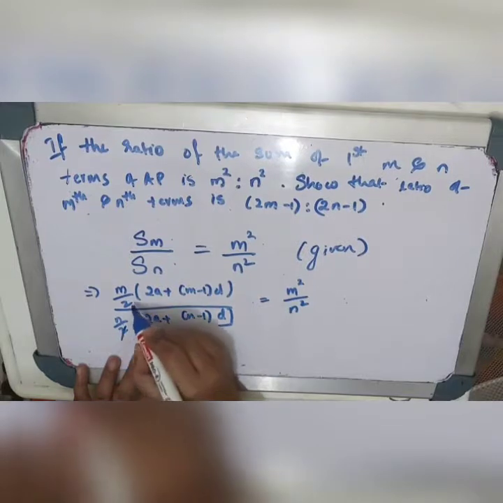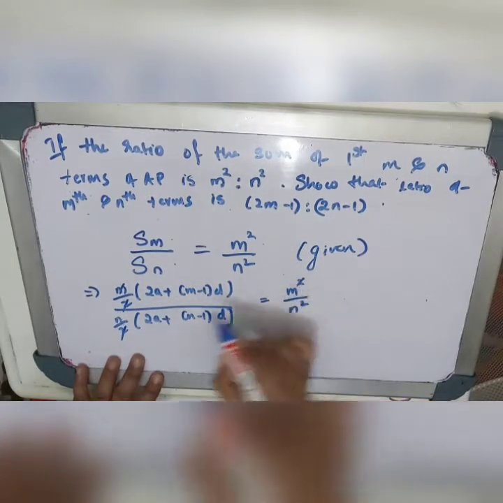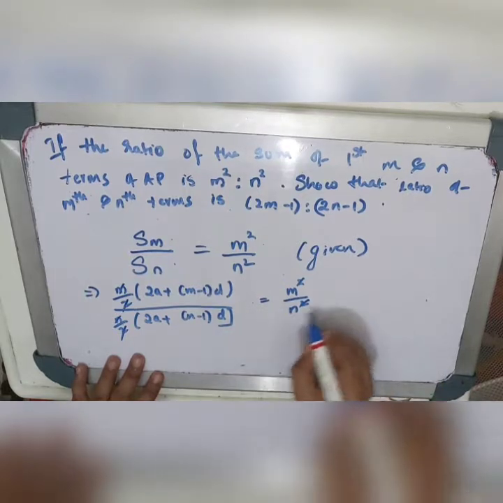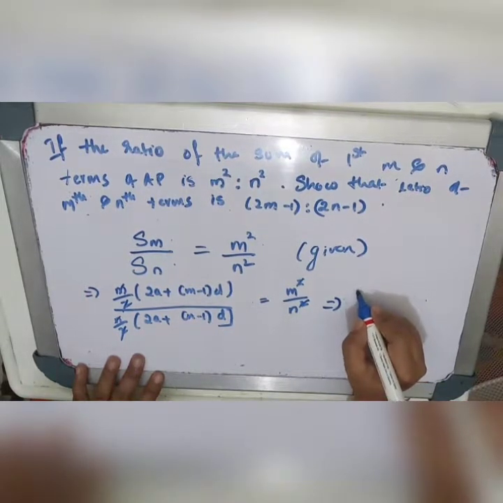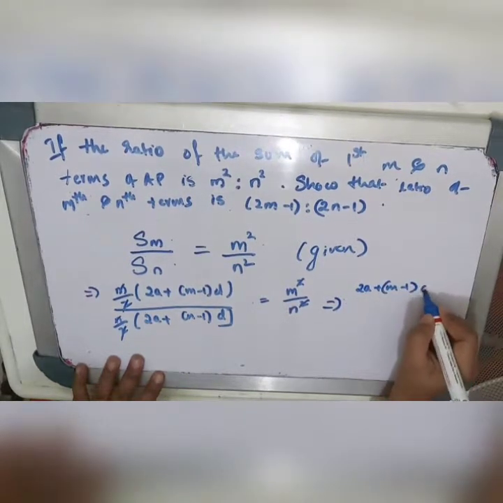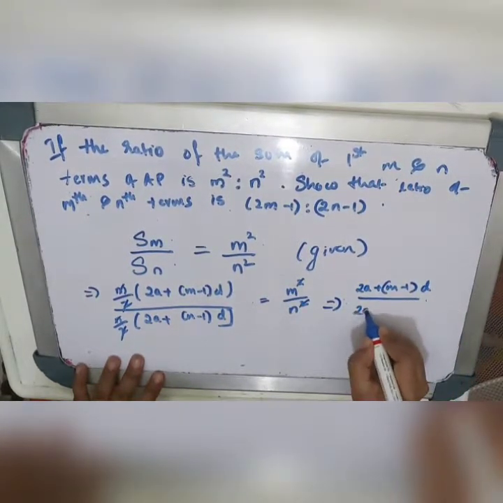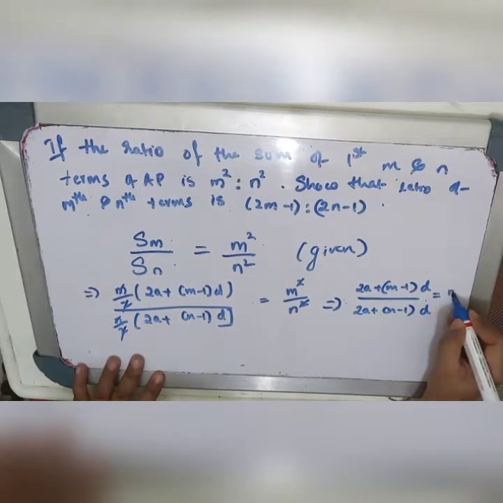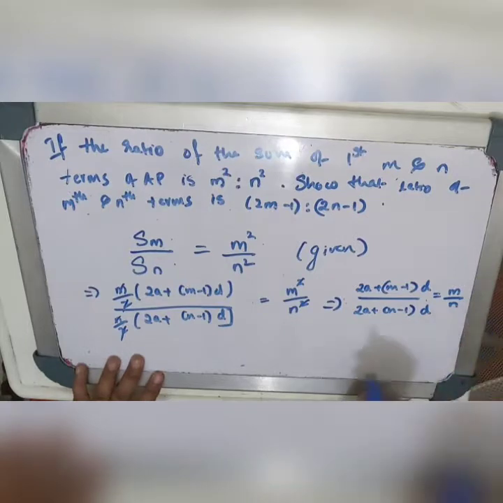Now let's cancel the similar terms. m gets cancelled from both sides, n also gets cancelled. Therefore we have 2a plus m minus 1 into d by 2a plus n minus 1 into d equals m by n.